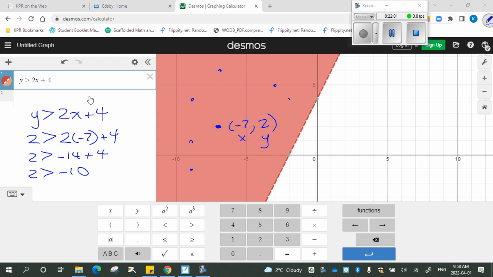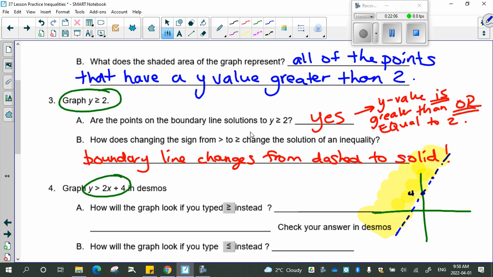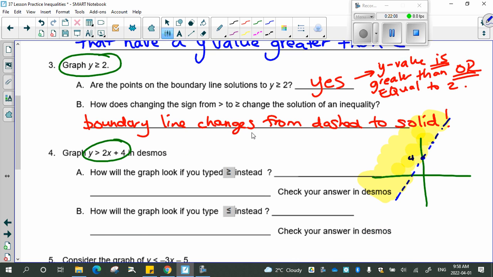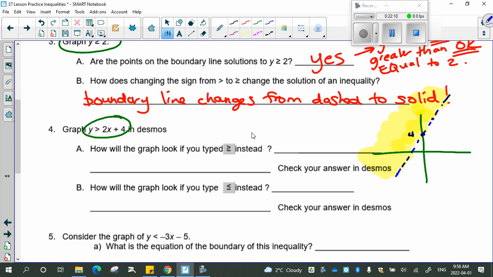Okay, all right, let's go back. How will the graph look different if you typed greater than or equal to instead of greater than? Anyone have a prediction? You just change this greater than to greater than or equal to. What's the only difference going to be?